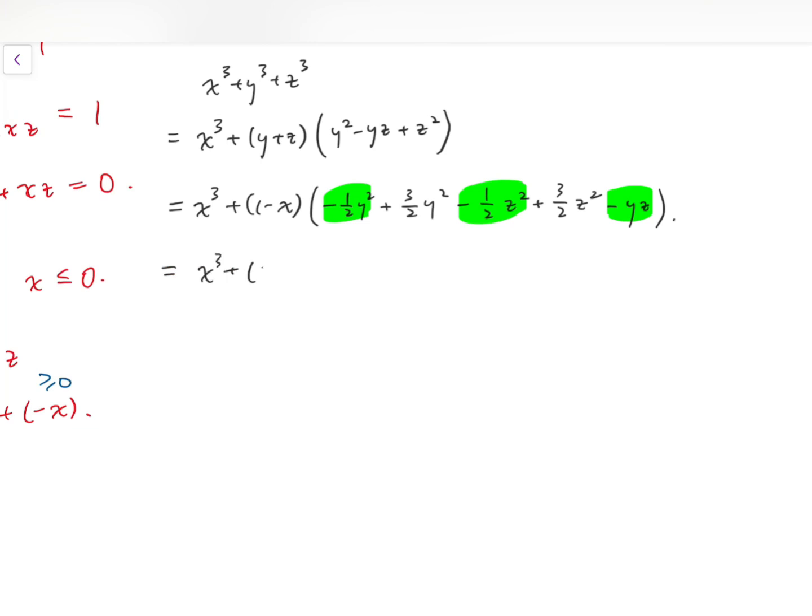As you can see, the green terms will become minus half of (y plus z) all squared, so that I will have 1 minus x eventually. And for the 3 halves of y squared and z squared, that can become 1 minus x squared because the sum of squares equals 1 as well.